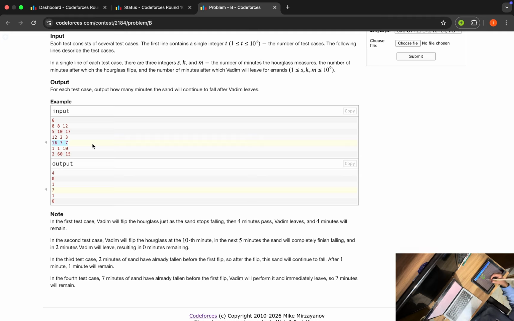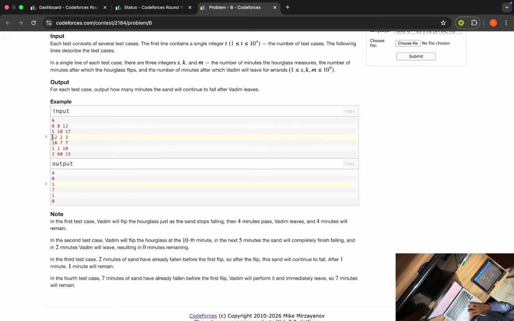Okay, the pattern is something like 7 minutes, 7 minutes will fall again. So v, total v, then v minus k, then again v, then v minus k. It just goes on something like that, I guess.